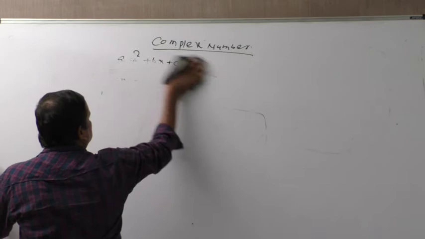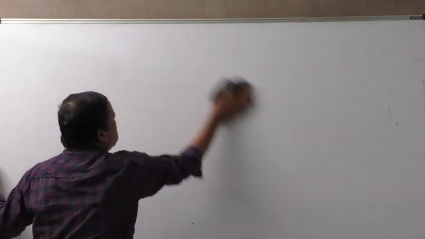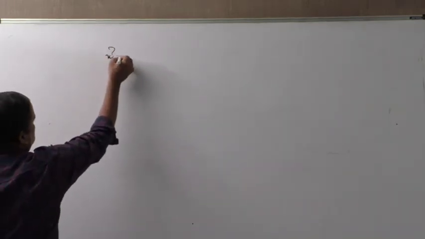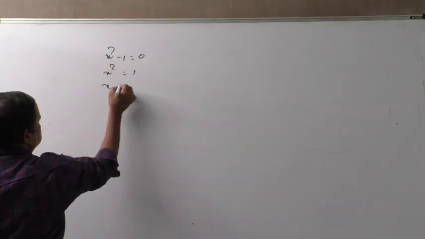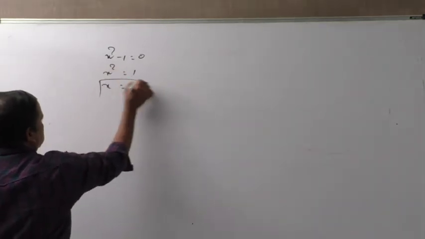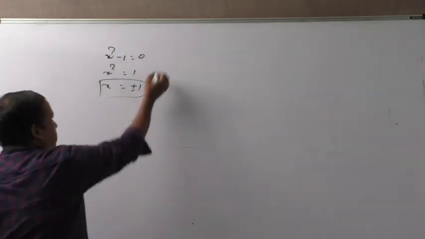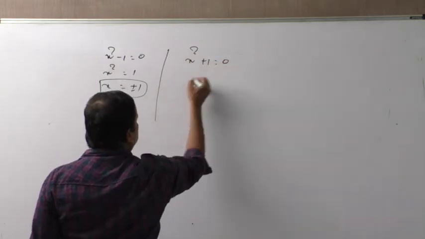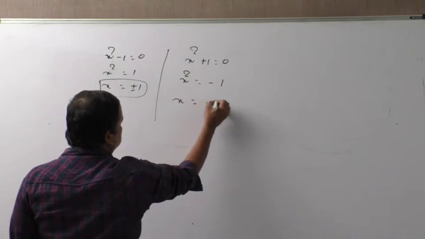Suppose we are given x square minus 1 is 0. Then x square is 1, x is plus or minus 1. Suppose you consider x is plus 1. But if we are given x square plus 1 is 0, x square is minus 1, x is the square root of minus 1.